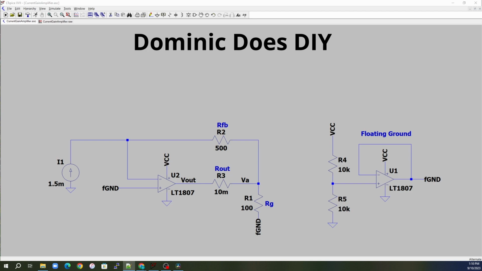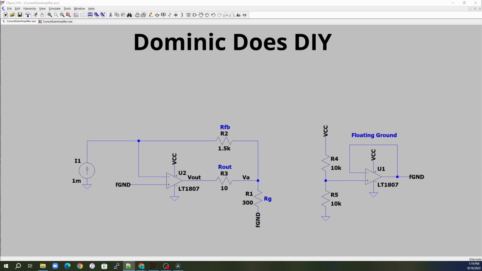So now our VA and everything can drop down without actually dropping below ground levels. In the world of this op amp, it's not actually going to see a negative voltage, but in terms of how the op amp calculates its gain function, it will see that negative voltage. So we'll be able to do what we want to do, which is get that current gain amplification going.